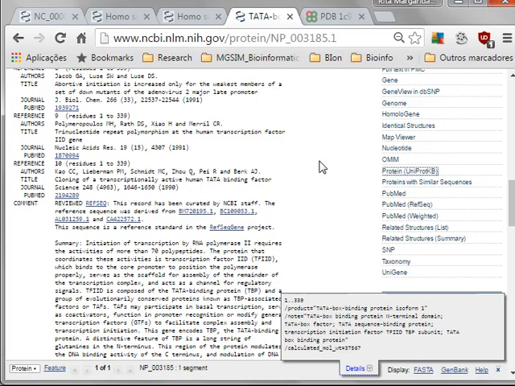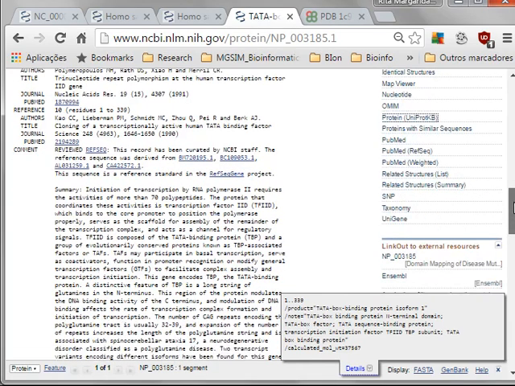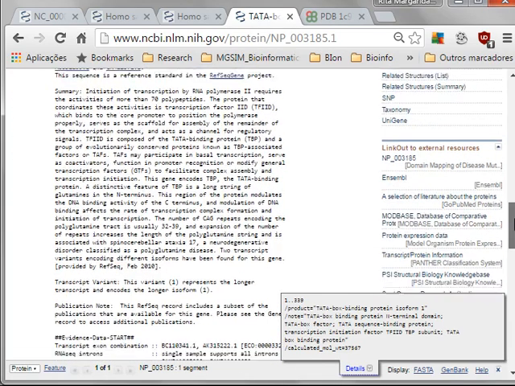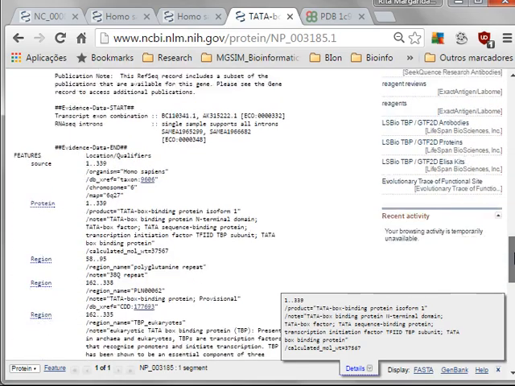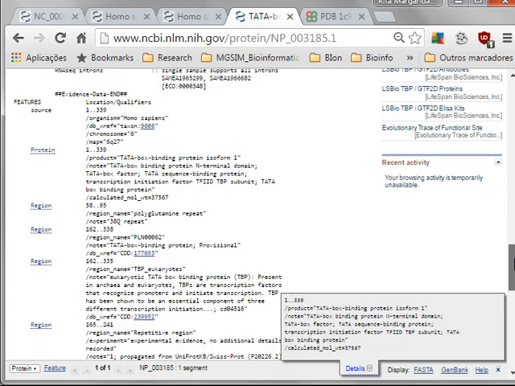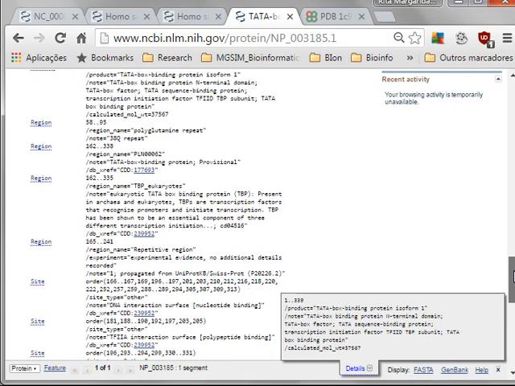So, although this is a primary database, it already has some cross-references to other databases. But there are specific integrated databases that integrate information from different primary databases. So our next talk will be about integrated databases.